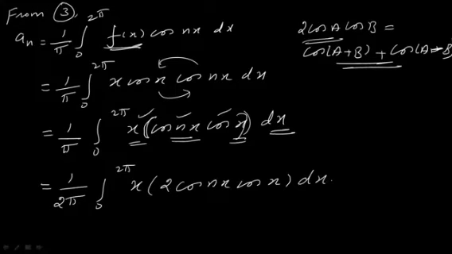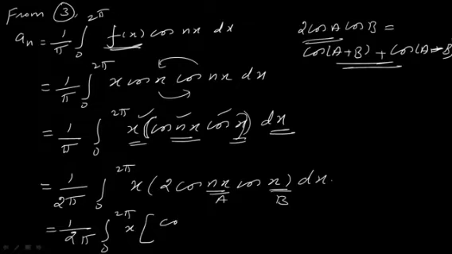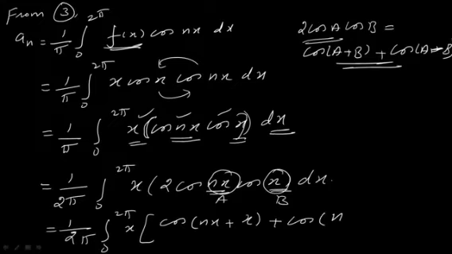This is of the form 2 cos A cos B. Instead of A, here you have nx. Instead of B, here you have x. So in your next term, 1 by 2 pi integral 0 to 2 pi x cos(A plus B), that is cos(nx plus x), plus cos(A minus B), that is cos(nx minus x), dx.